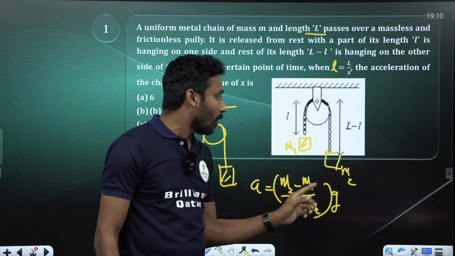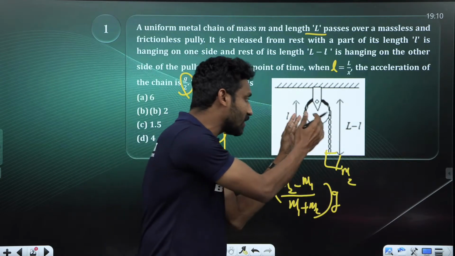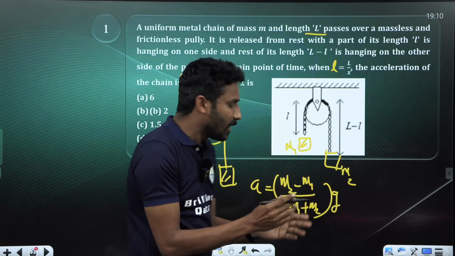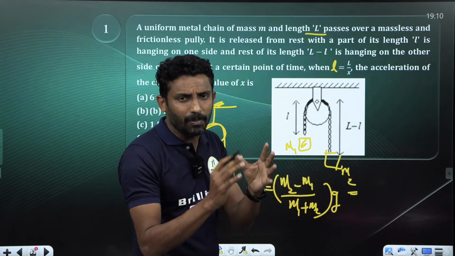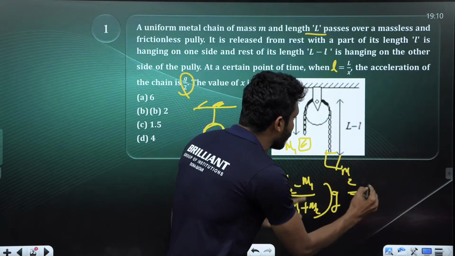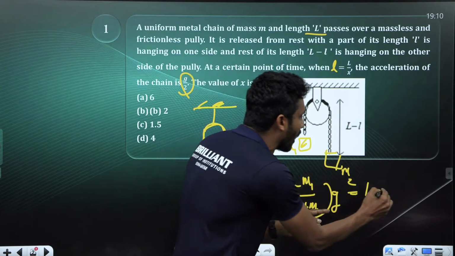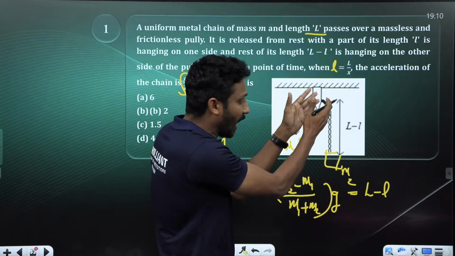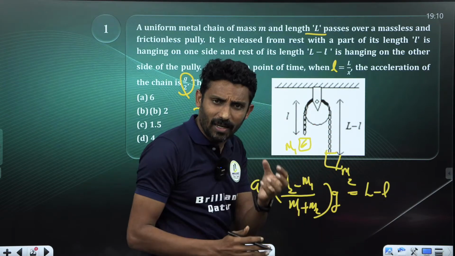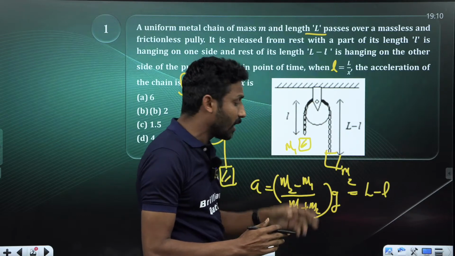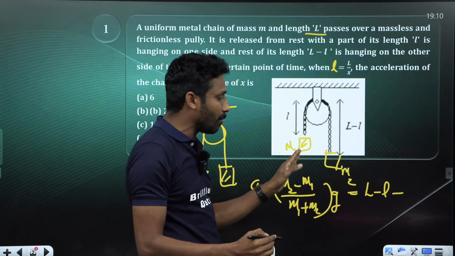And we know the mass is directly proportional to length, isn't it? The mass of the chain is directly proportional to the length. Then the heavier mass is proportional to L minus l, this length, and the mass of this hanging part is directly proportional to this length only, then minus the mass of this part.